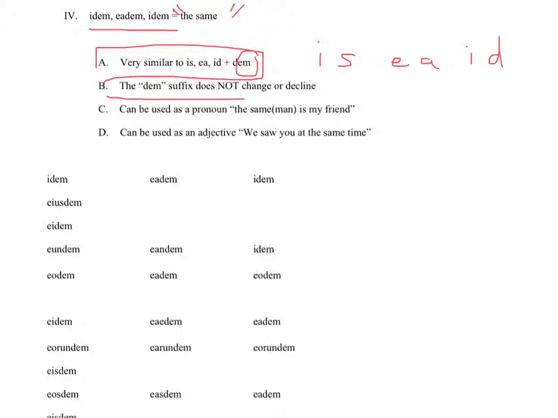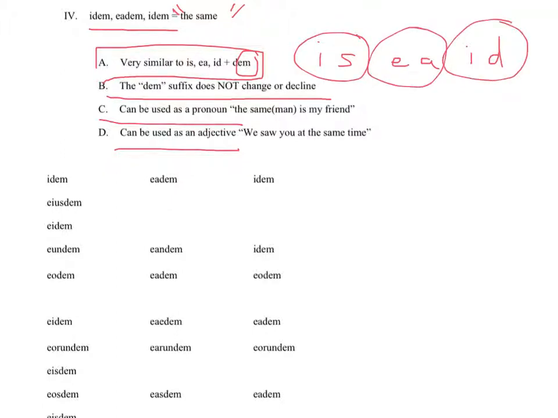Note that the -dem suffix does not change, it does not decline. This word can be used as a pronoun, or it can be used as an adjective, so it does decline, but the -dem doesn't decline. The first part of the word, the is, ea, id-like part, declines. Again, if that doesn't make sense by me describing it in words, it will make sense when we do it in practice, when you actually see how it works.